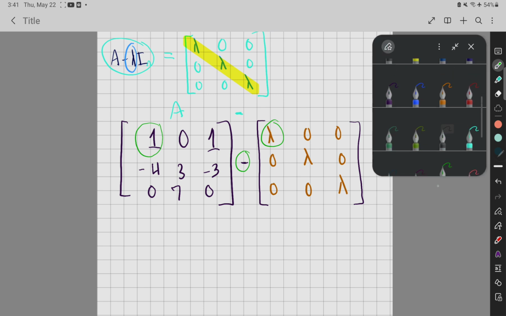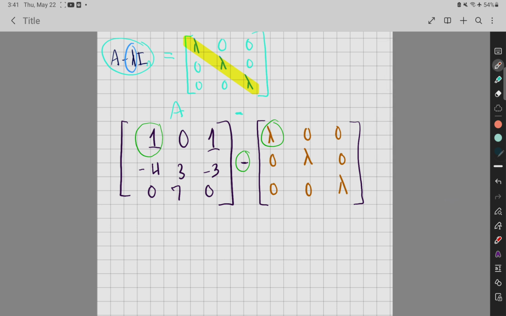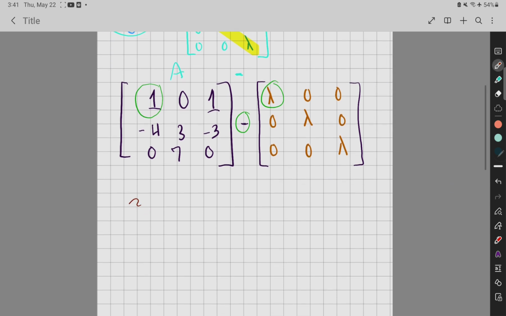I like to do it in color so you guys can see the action going on. Okay, so then you have this matrix. So 1 minus lambda is just 1 minus lambda. 0 minus 0, 0. 1 minus 0, 1. Minus 4 minus 0, that's just minus 4. 3 minus lambda is 3 minus lambda.